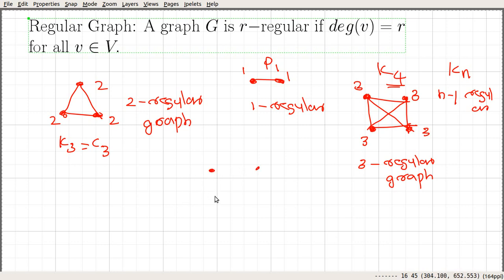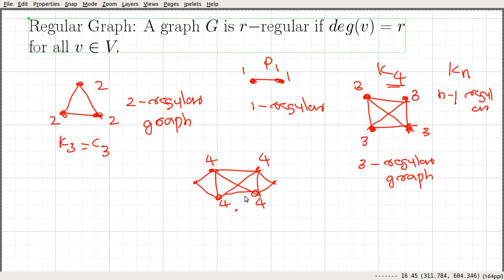If you take K4 and add 2 more vertices and these edges, you can see that the degree of this vertex is 4, this is 4, this is 4.